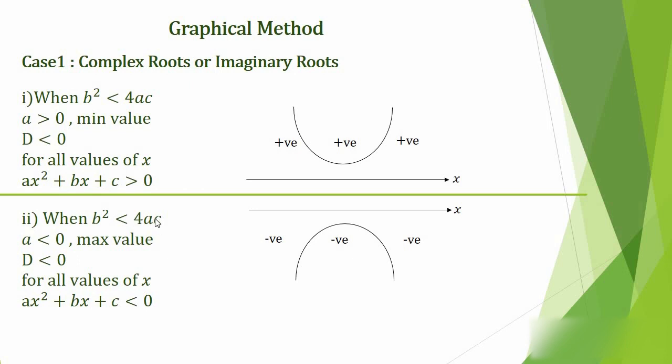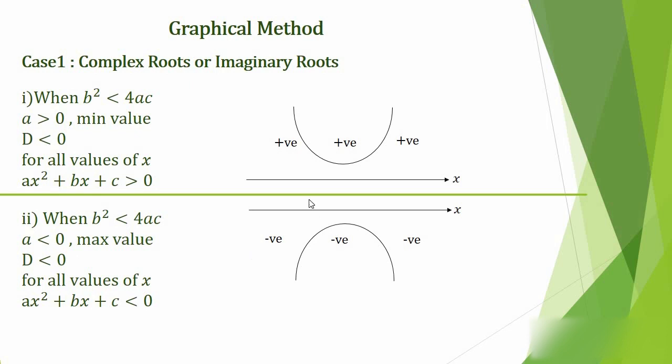And then when b squared is less than 4ac, again in a situation where we have complex roots, and a is less than 0, it means that we have a maximum value. And then for all values of x, it means that ax squared plus bx plus c is less than 0, because this region below the x-axis is the region in the Cartesian plane where y is negative.